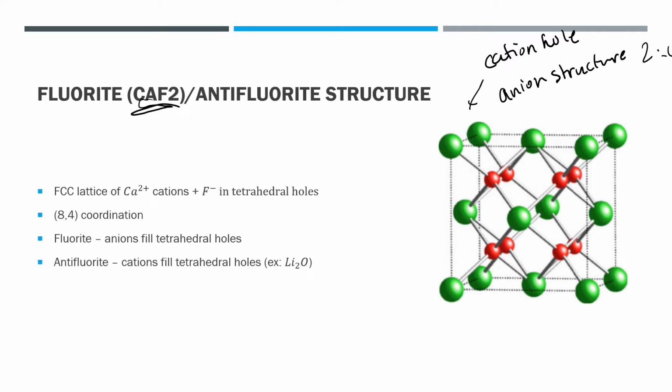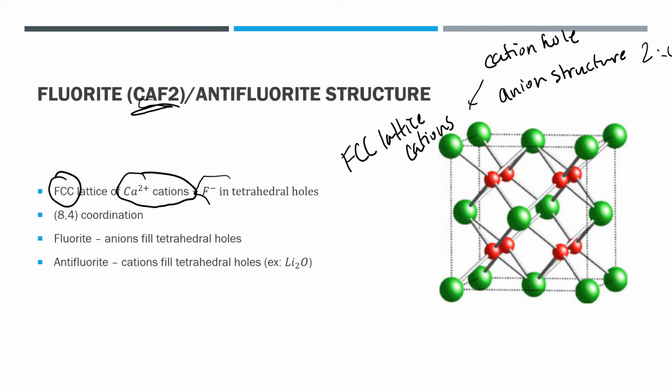Okay, so in a fluorite structure, we have a face-centered cubic lattice of Ca2+ cations. So we have an FCC lattice of the cations, which is interesting, right? This normally doesn't happen. And we have the fluorides filling these tetrahedral holes. Why are the cations creating the unit cell?